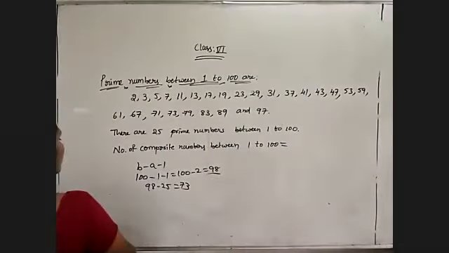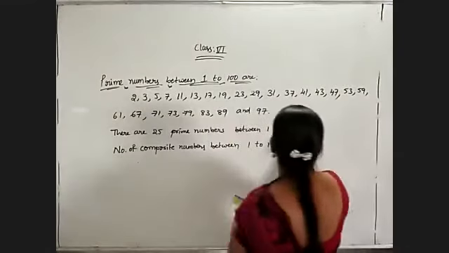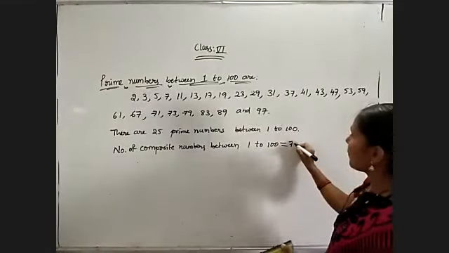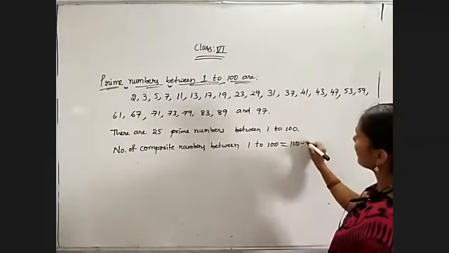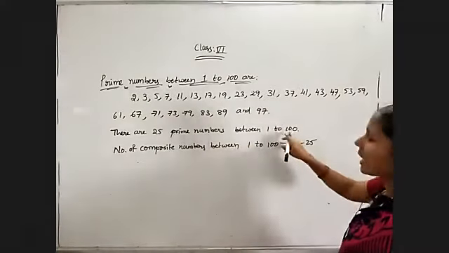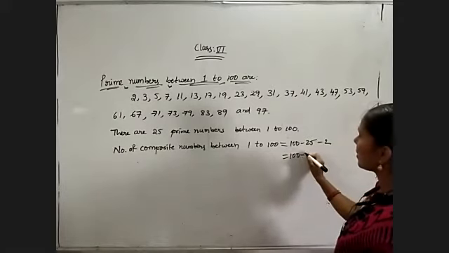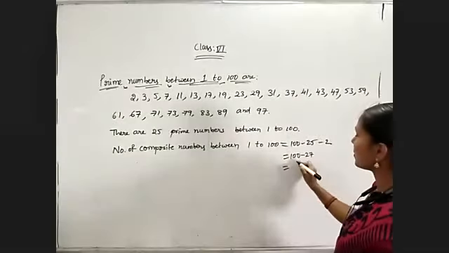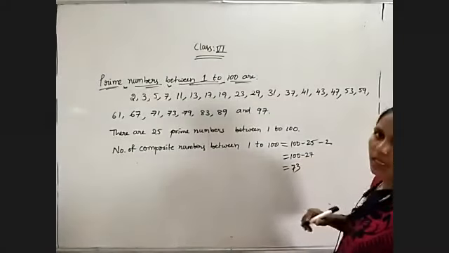So 1 to 100 is 100 minus 25, but 1 and 100 also we will not take, that is minus 2, which is equal to 100 minus 27, which is 73.